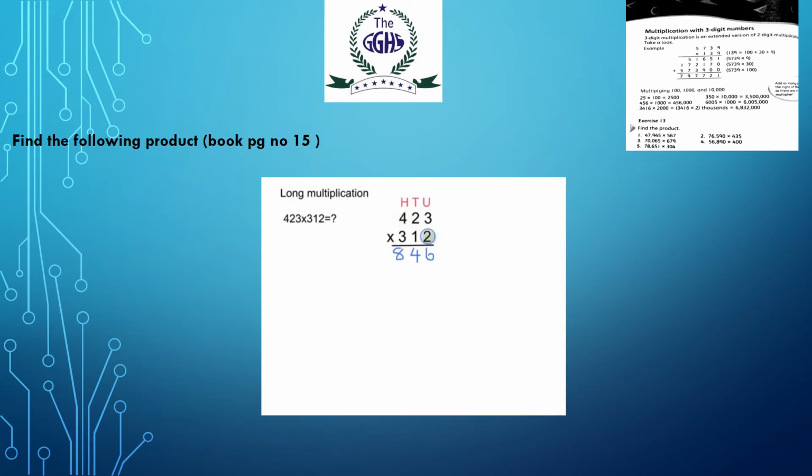Now that you are finished with the 2, you need to place a placeholder in its place in the same column. You can now move on to the tens, and from here on you're going to say 1 times 3 gives you 3, 1 times 2 will give you 2, and 1 times 4 will give you 4.